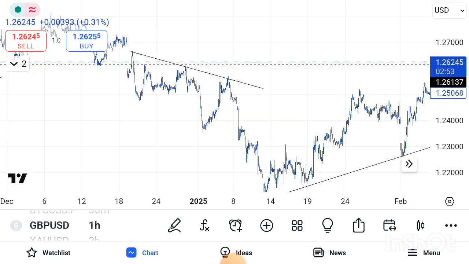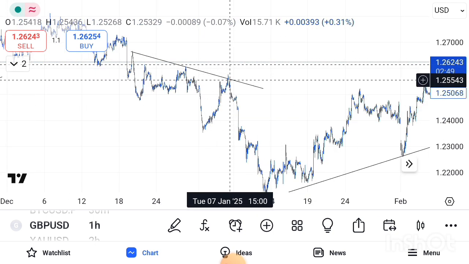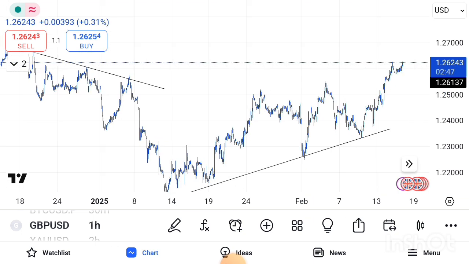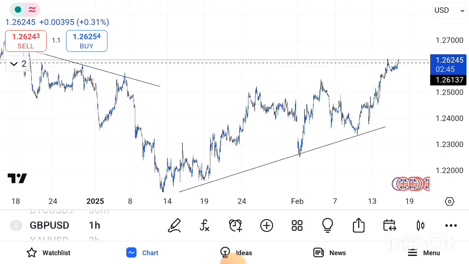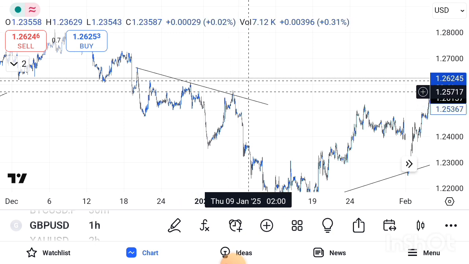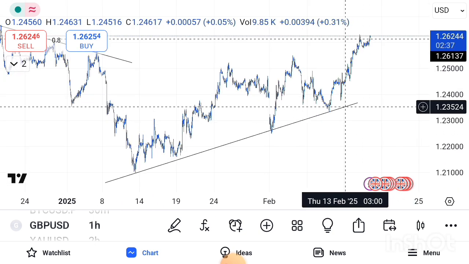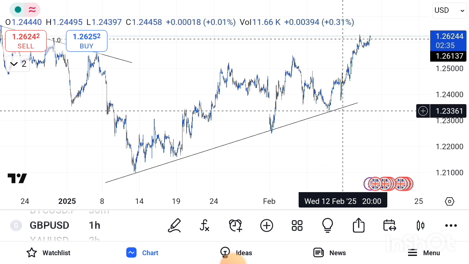For example, now instead of buying, you sell, because this trend line is acting as a resistance. And what do you do when you see resistance? You want to sell. Right here, this trend line is acting as a support, and what do you do when you see support? You want to buy, right?